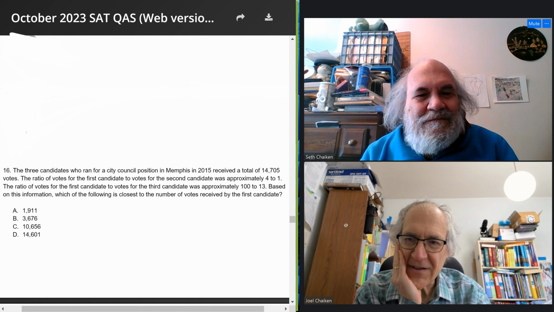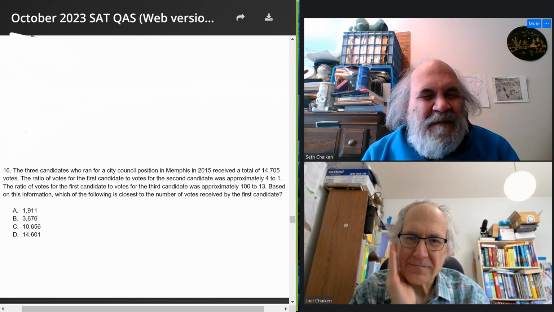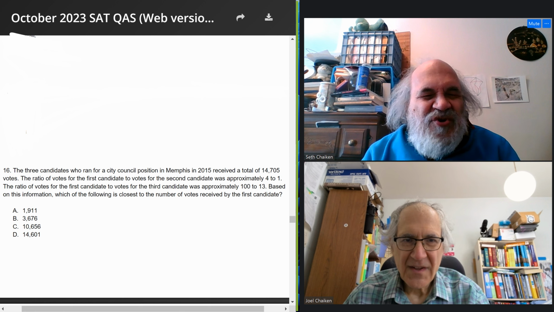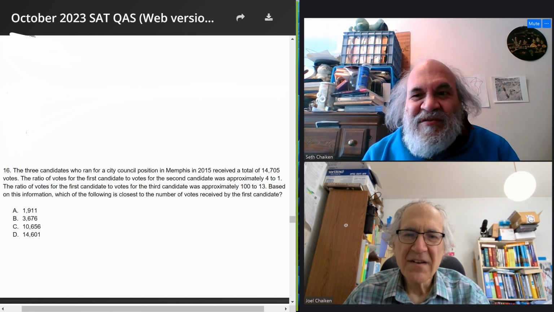What do you do? Well, it looks like a ratio problem. The thing is, it's confusing only if you try to take a stab at the answer without simply translating the facts into math that you can solve for.